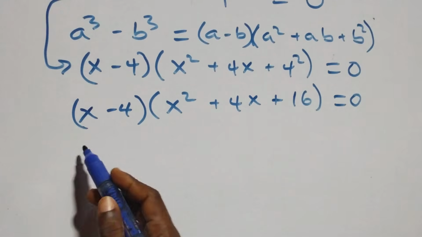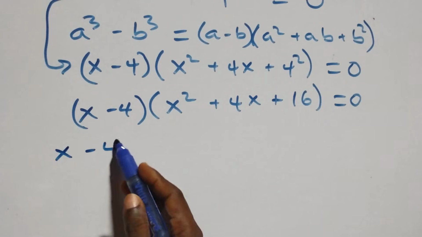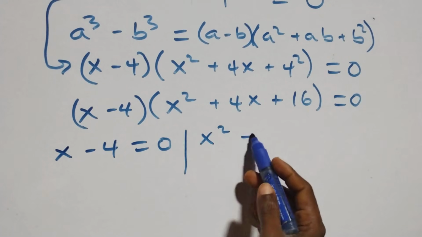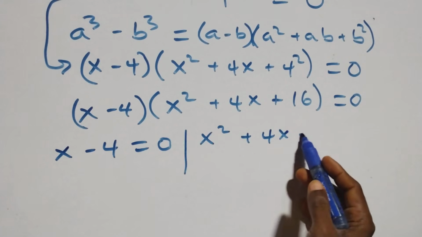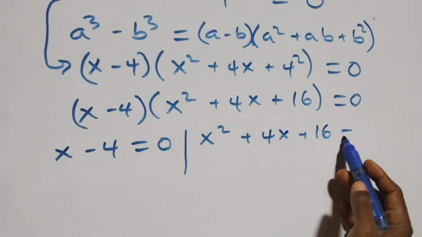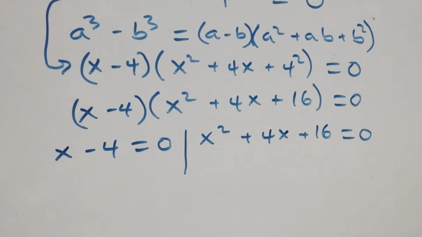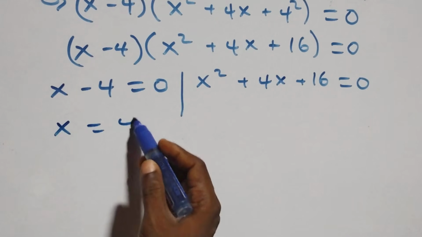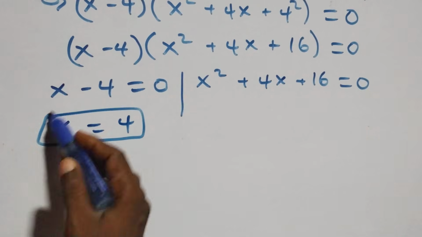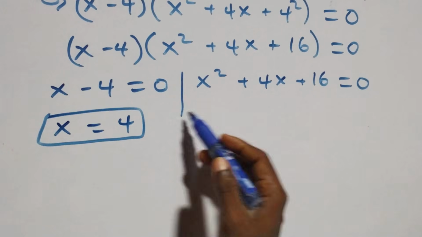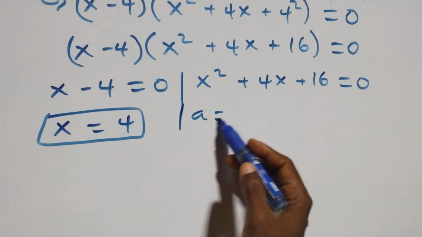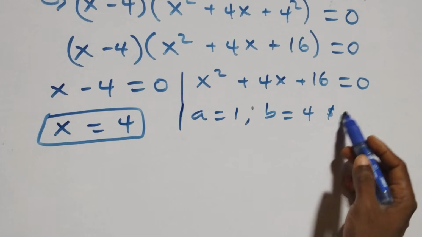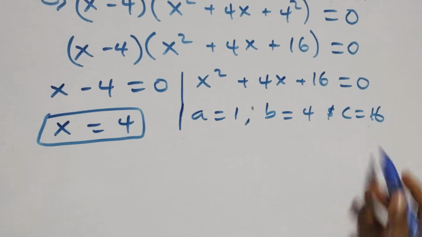That is, we have two possible cases here. x minus 4 equals 0, or we have x squared plus 4x plus 16 equals 0. Solving from here, x equals 4, which is also a real solution. And here we have a quadratic equation where a equals 1, b equals 4, and c equals 16.